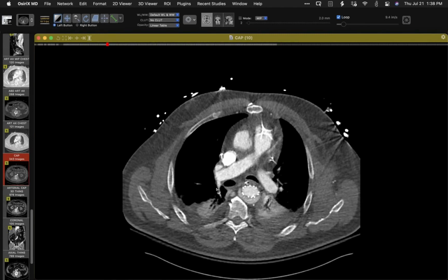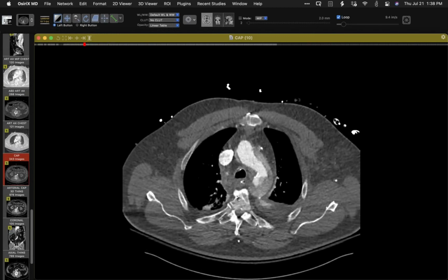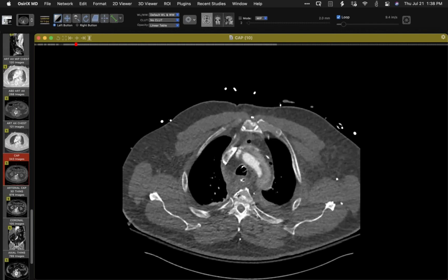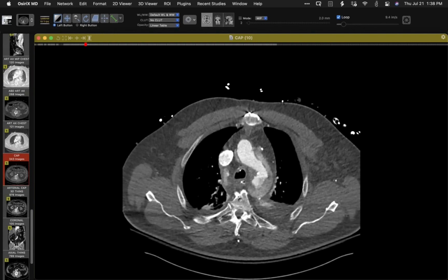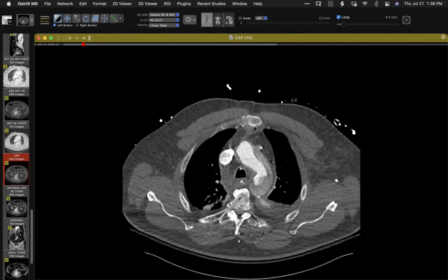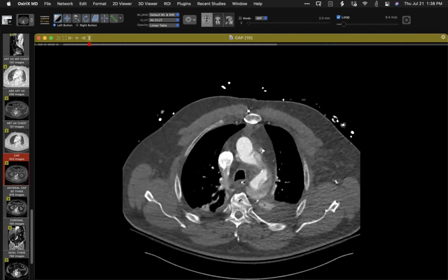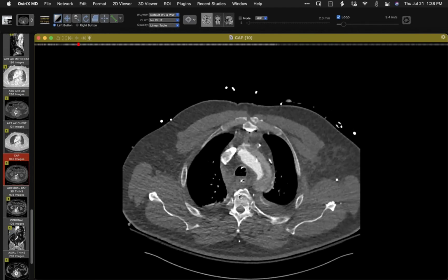Their wire must have been in the false lumen and then ended up in the true lumen in the arch. Well, I think I showed a stent that was placed a long time ago, one stent that was in the false lumen. This is different though, because the stent was placed under direct vision at the time of the operation.